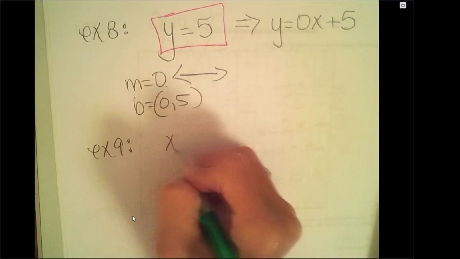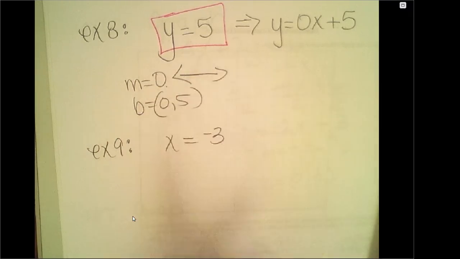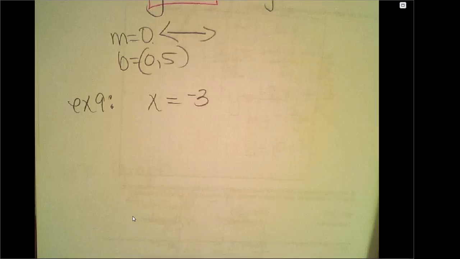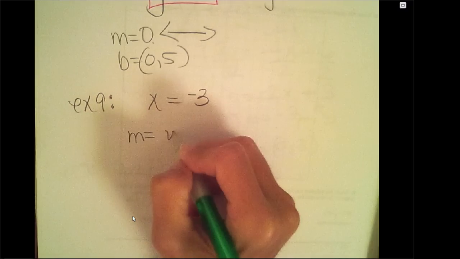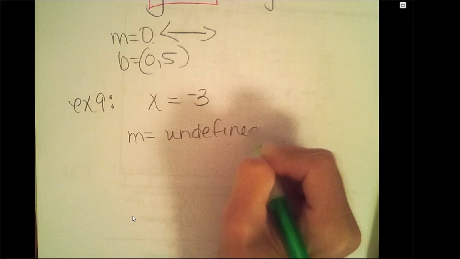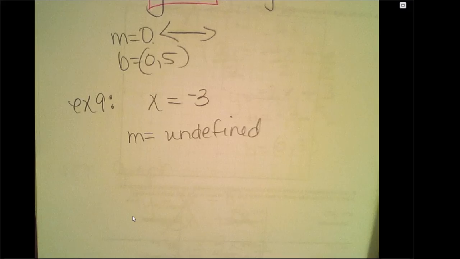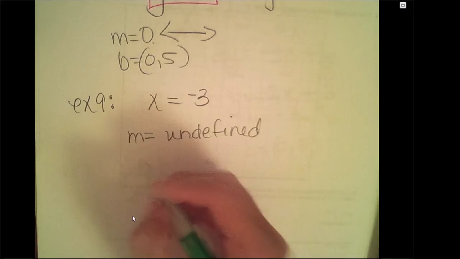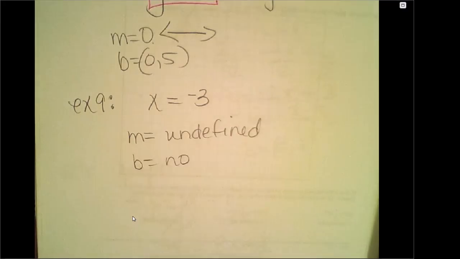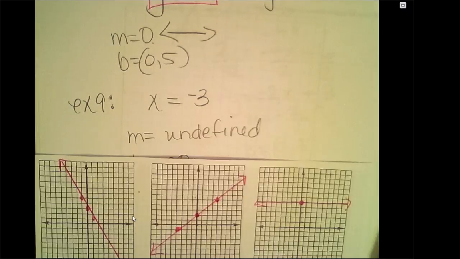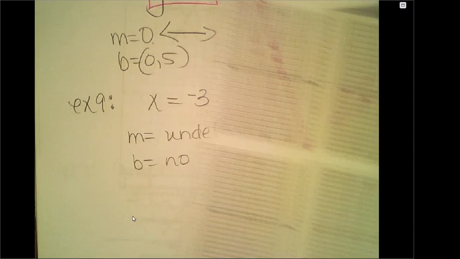And then the other special case is x is equal to -3. Okay? And you should know it's an undefined slope because x cannot equal -3. That is not a linear function. And there is no y-intercept. So where is -3 on the x-axis?